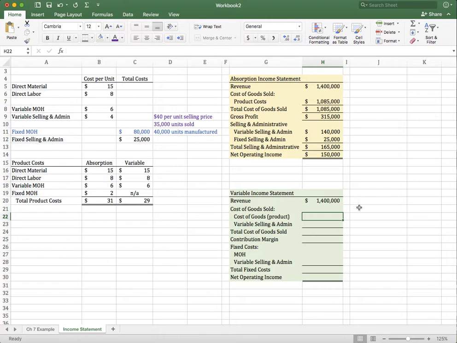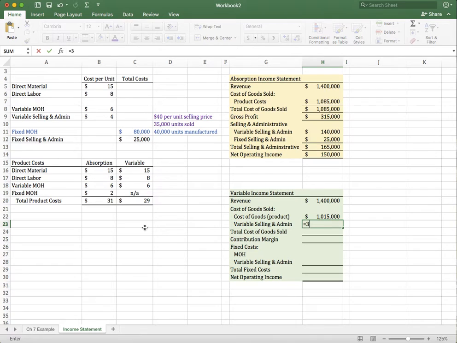Now, the cost of goods sold, or specifically the cost of the product, is going to be, once again, 35,000 units, but this time we're going to multiply it by the variable cost per product, or the variable product cost. In addition, under the variable income statement, we not only add the cost of the product, we add the variable cost of selling and administrative. If you stretch your memory a little bit, you'll remember we talked about this in Chapter 2, Chapter 3.